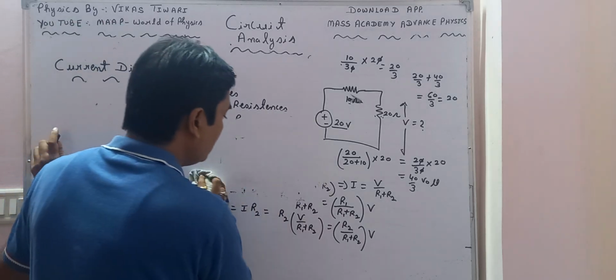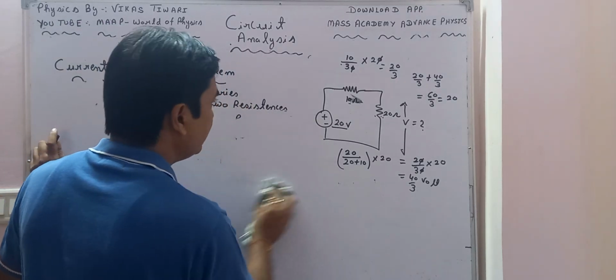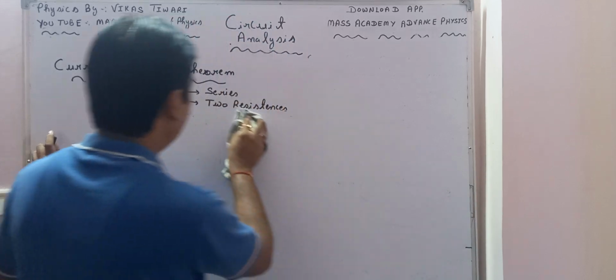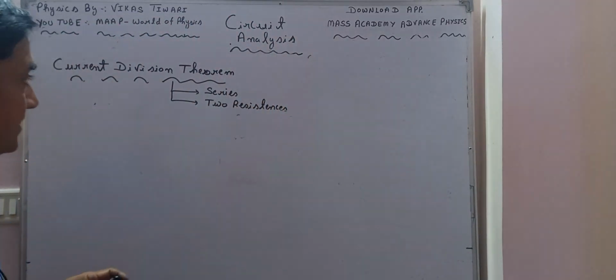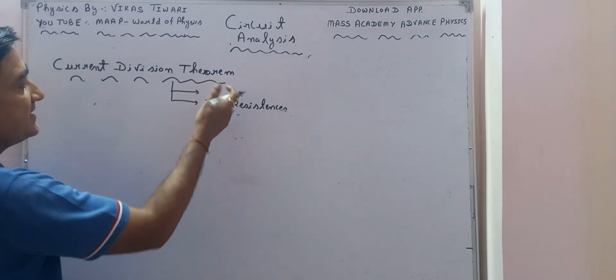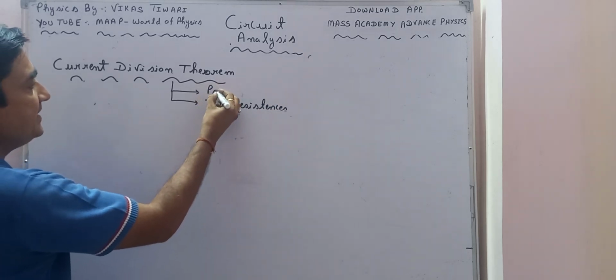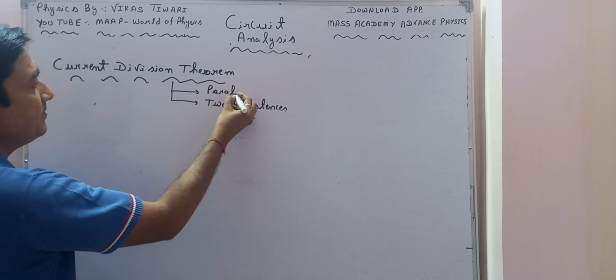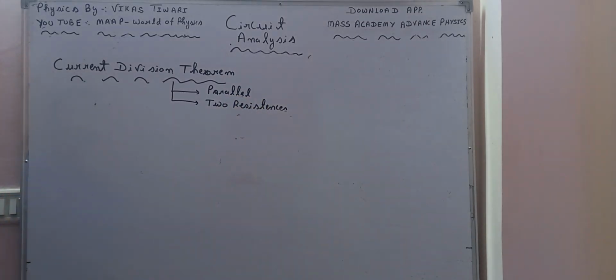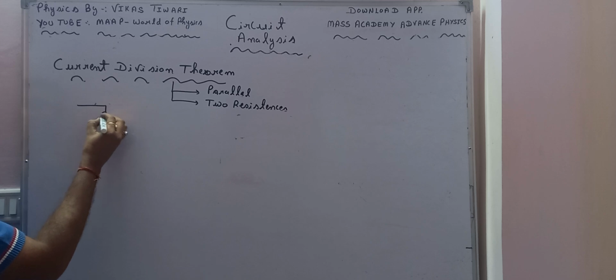Just as the voltage division theorem is applicable for series circuits, similarly it is applicable for parallel circuits, and for two resistances only.